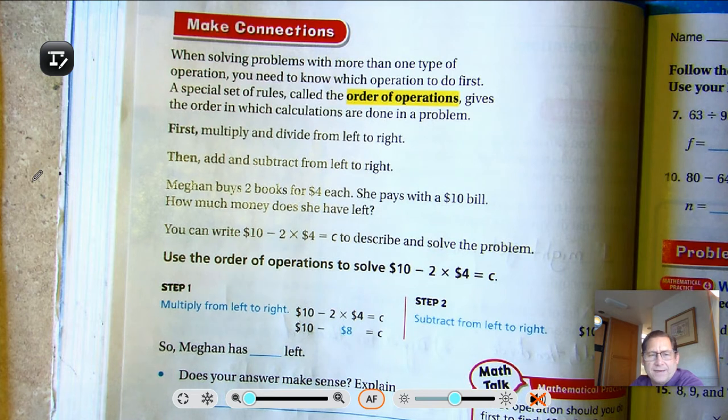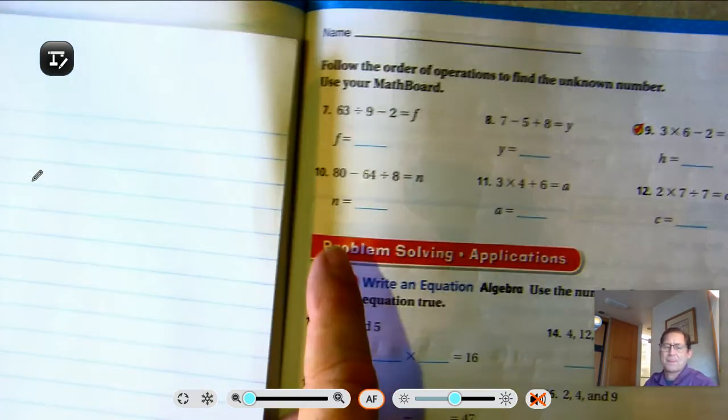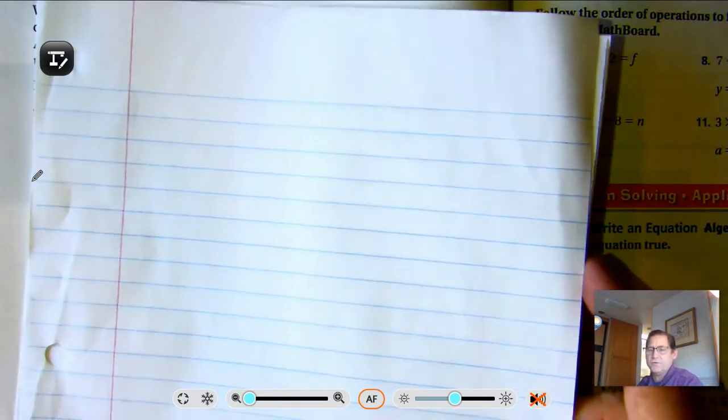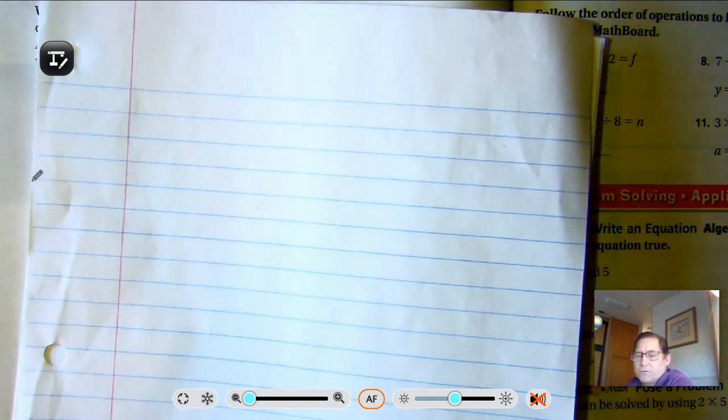So in third grade, we're not covering all of the order of operations. I do want to go ahead and just mention them all, okay? Because you'll probably see these, and I want you to be at least familiar with them. In third grade, we're just working with multiplication, division, addition, and subtraction.